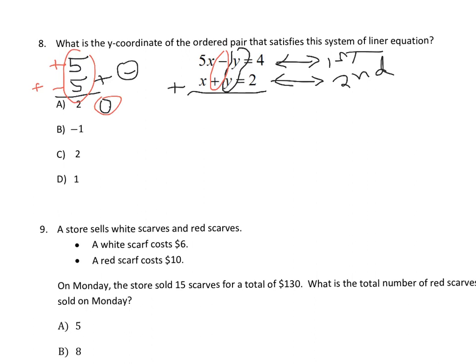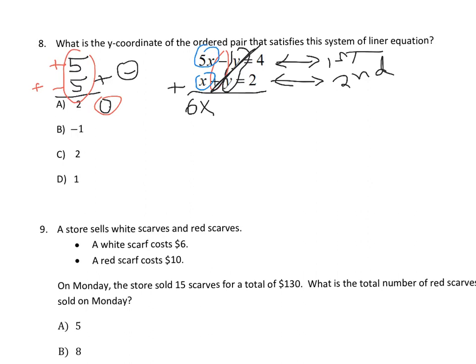I want to use the blue. So we say 5x plus x is going to be what? It's going to be 6x. And of course you know that negative y and positive y cancel each other. They're gone, eliminated.